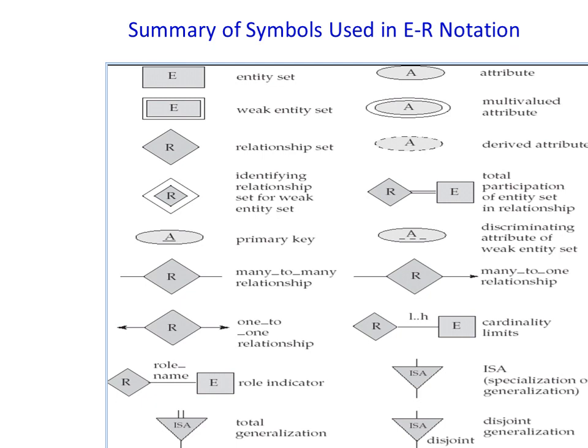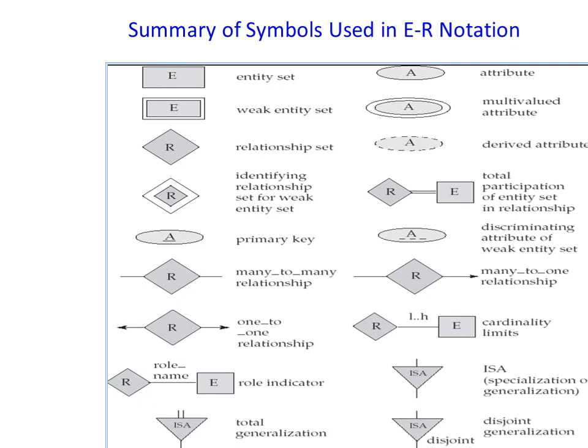Entity is represented by a rectangle, weak entity is represented by a double rectangle, relationship set is represented by a diamond, identifying relationship set for a weak entity set is represented by a double diamond, primary key is represented by an underlined attribute inside an ellipse. Many-to-many relationship is without any arrow, one-to-one relationship is with arrows, and role name and role indicator are shown like this. Total generalization is represented by the triangle with the ISA.